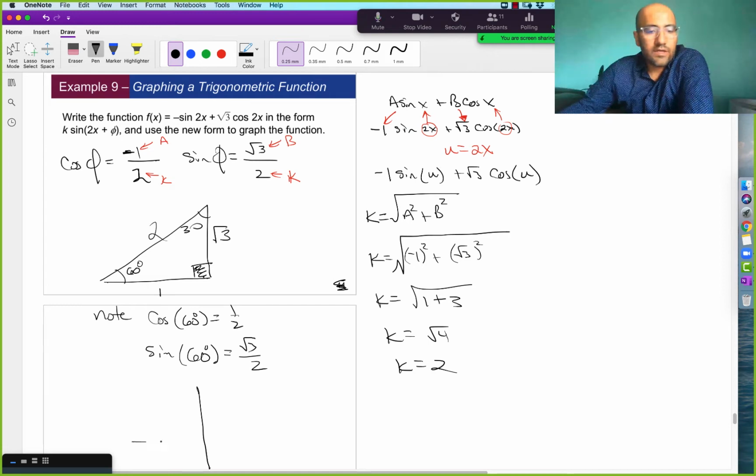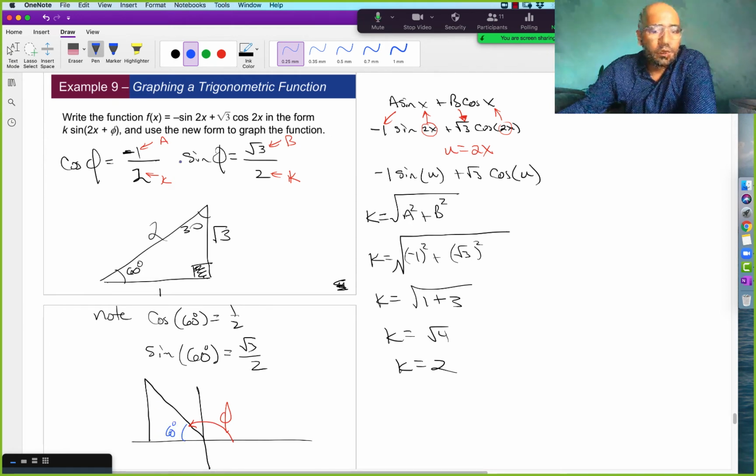So we need an angle such that its reference angle is 60 degrees. We need something like this. Right, so we need to figure out angle phi. This is going to be the angle there, such that its reference angle is going to give us 60 degrees, but in quadrant 2.